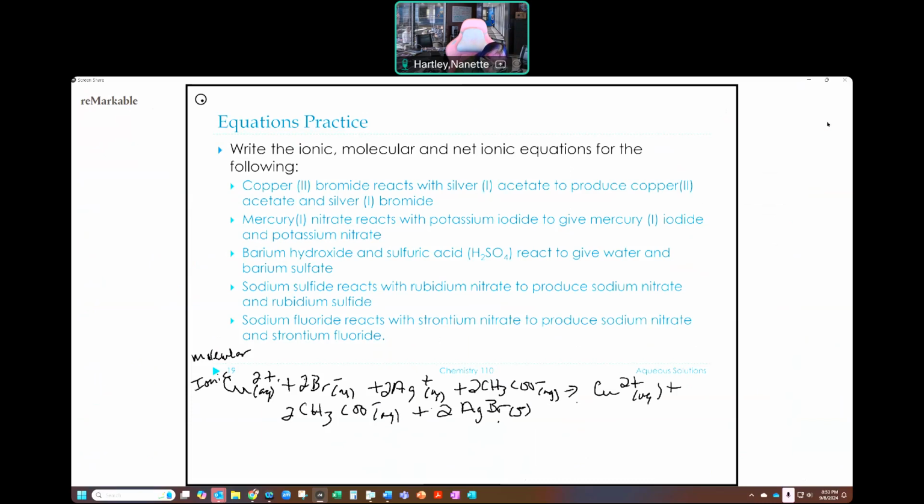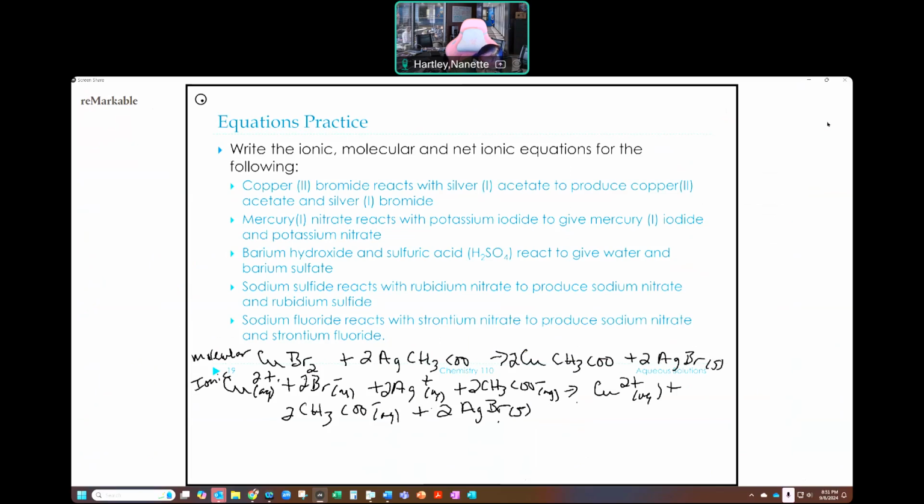So my molecular equation would be CuBr2, putting that back together, plus 2AgCH3COO going to Cu(CH3COO)2, and I needed 2 in front of that because there were 2 of them, plus 2AgBr solid.